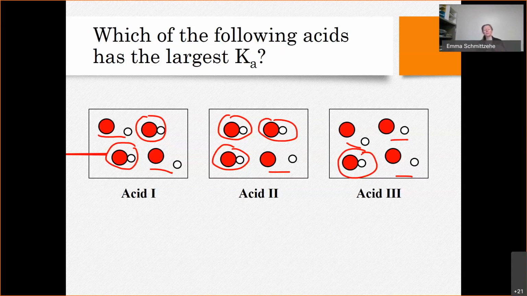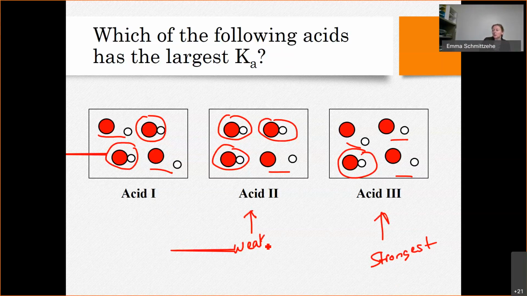So if you have more stuff that ionizes, you're going to have a larger Ka, or a stronger acid, which in this case, acid 3 has the most ionized, so that must be the strongest acid, okay? Whereas in this case, acid 2 must be the weakest, and that's because it has the least stuff ionized, okay? And so that's your acid strength.